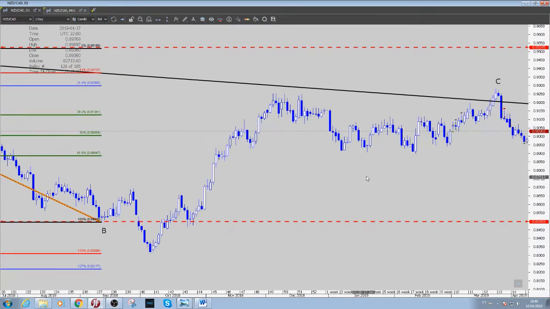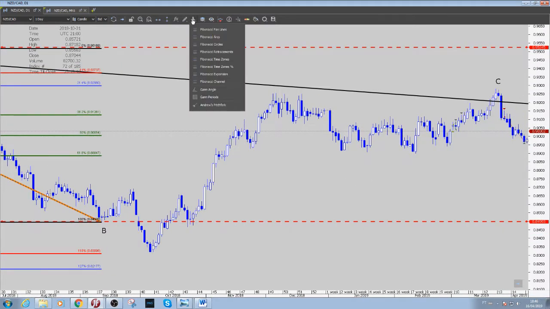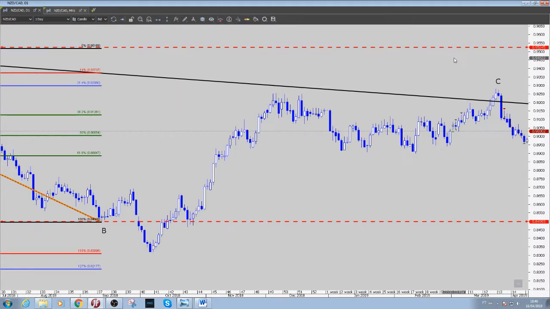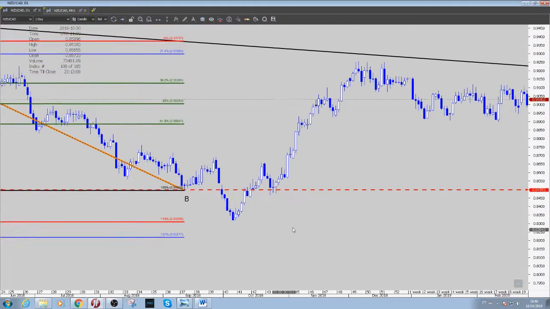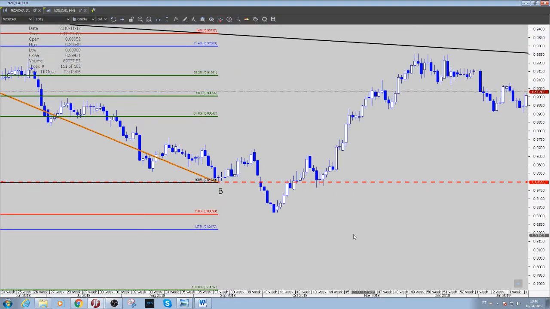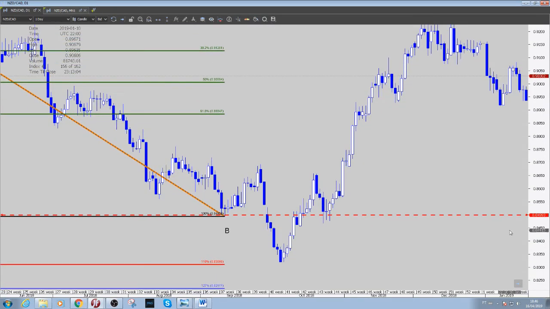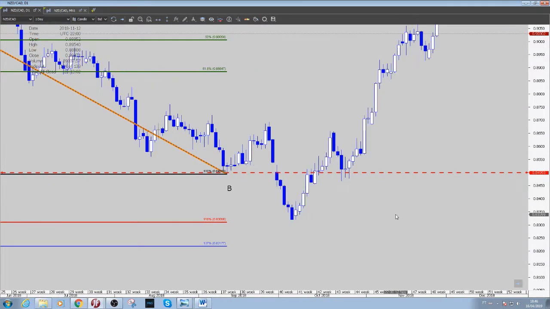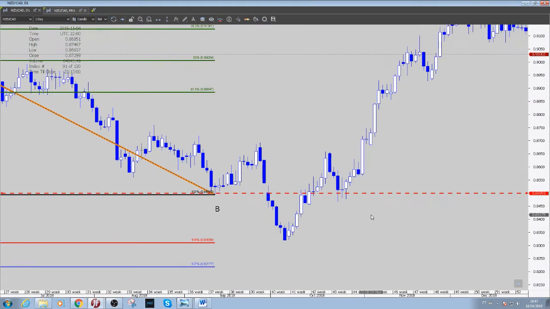We want to see if this C is a confirmed C. Many times in the previous webinar recordings we started drawing our contrarian Fibonacci at the B. If you remember yesterday, we said the sub A equals the B. Well, this time is different.